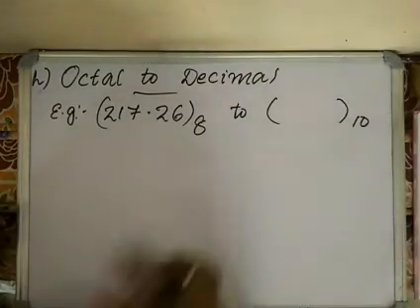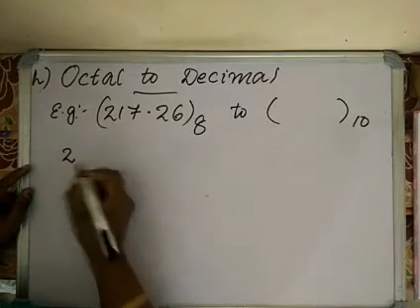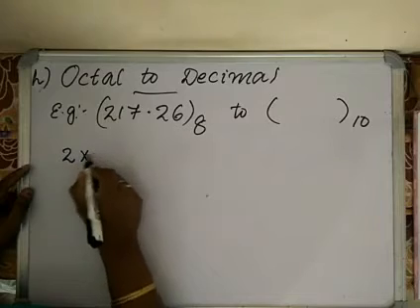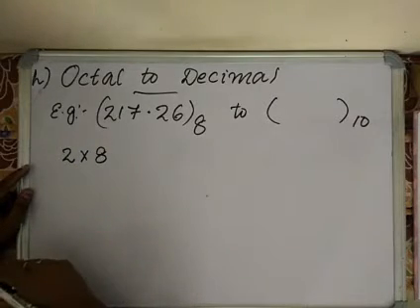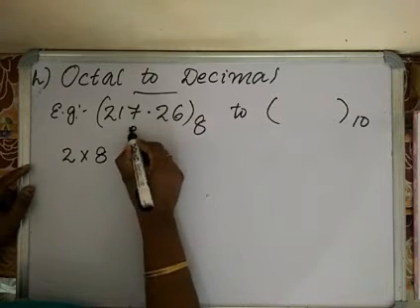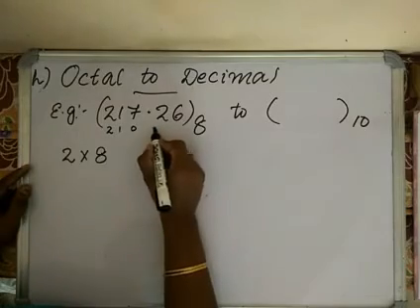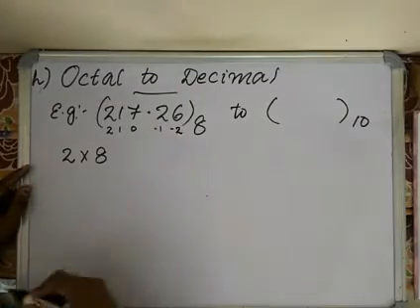Here the radix means base. So here the radix is 8. So we have to take each digit and it will be multiplied by powers of 8. And that exponent will be from 0 for the integer part and from -1 for the fractional part.